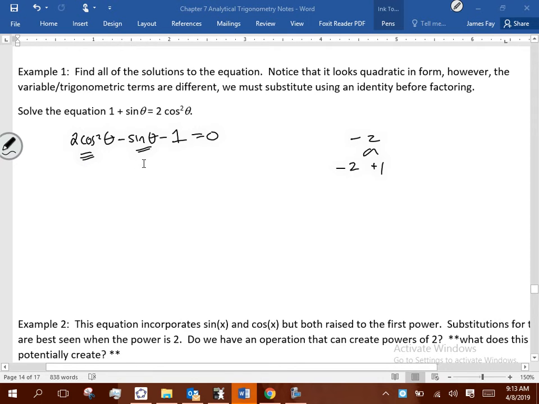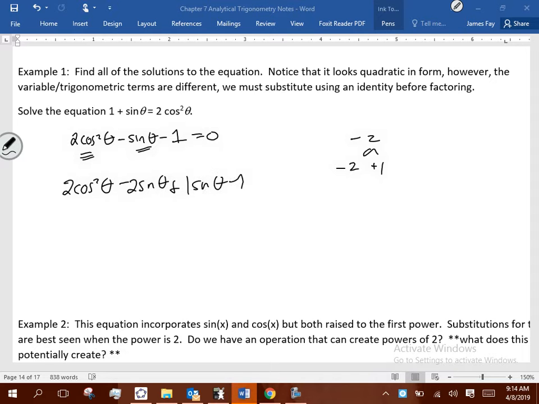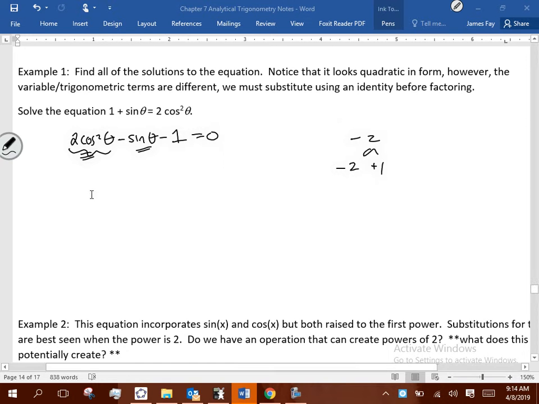But then when I start rewriting this, we got 2 cosine squared theta minus 2 sine theta plus 1 sine theta minus 1 equals 0. Other than the 2, there's no common factor that can come out of those front 2, right? So it runs me into a roadblock. I'm stuck there if I don't make a decision on how to change that.